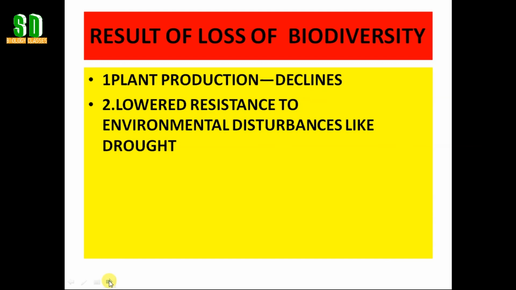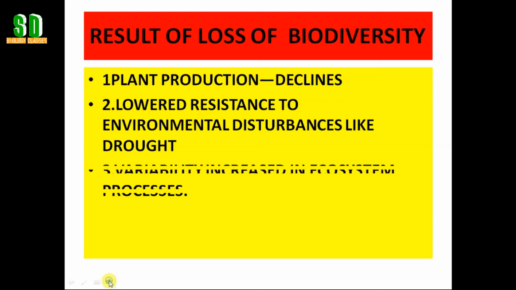So in extreme or unfavorable conditions, they cannot survive if biodiversity decreases. And the variability increases in ecosystem processes, like plant productivity, water use, and pest and disease cycles. So these are a few results of biodiversity loss.